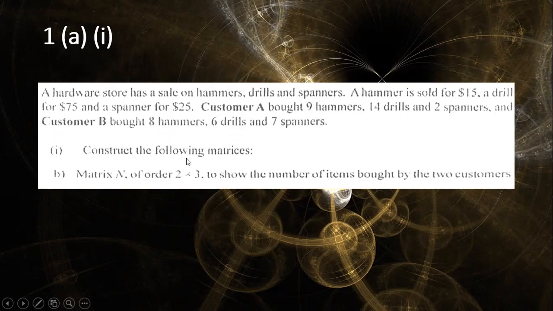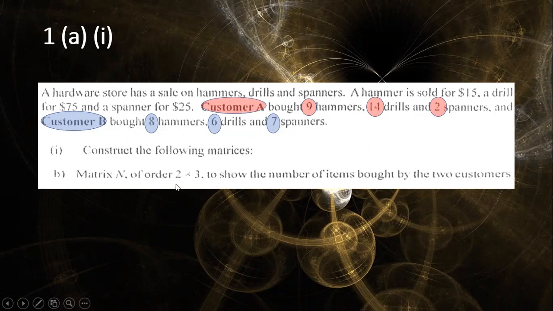The numbers associated with customer A are 9, 14, and 2. And customer B will be 8, 6, and 7. So we have a matrix of order 2 by 3. We have 2 customers, which implies that the 2 should relate to the 2 customers, A and B, in that order, and the 3 should relate to the items that they both bought.